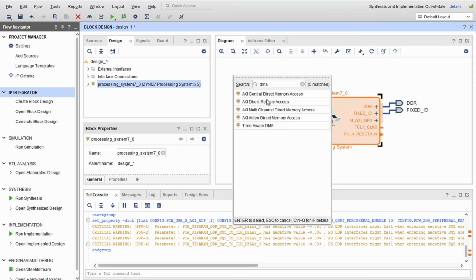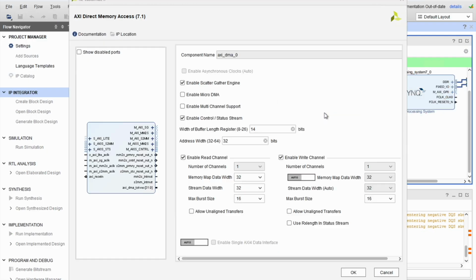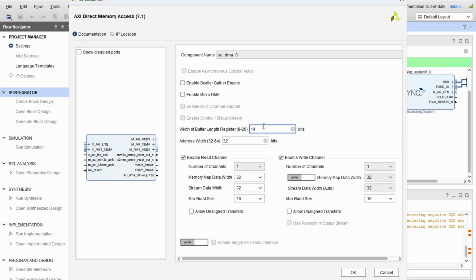Next we add a DMA. Now in this, we start with disabling our scatter gather engine and changing the width of the buffer length register to 23. Now that we have come to the memory map data width, for advanced channel sequence the number of bits doesn't change.